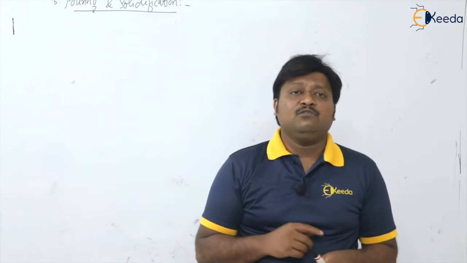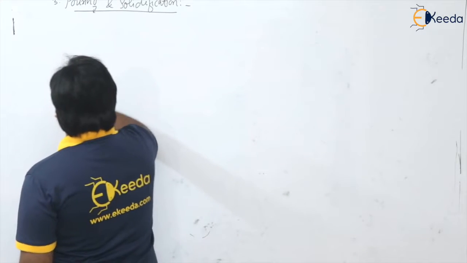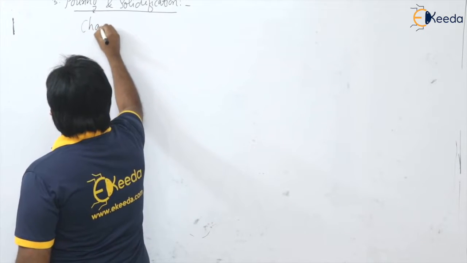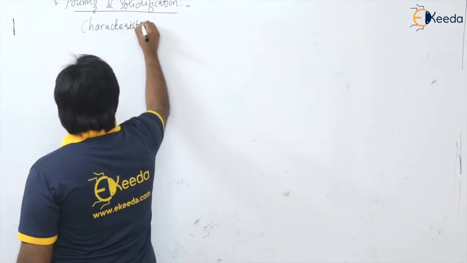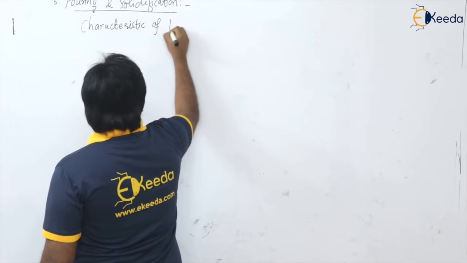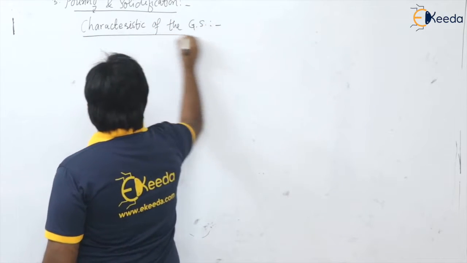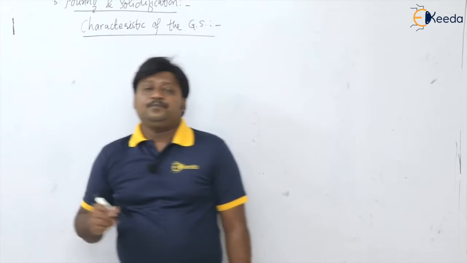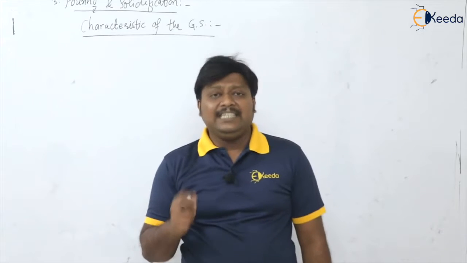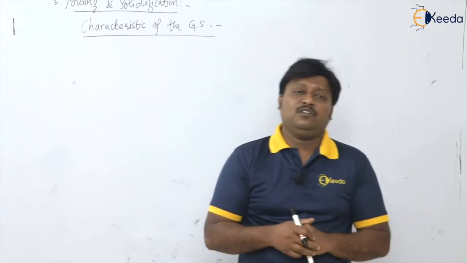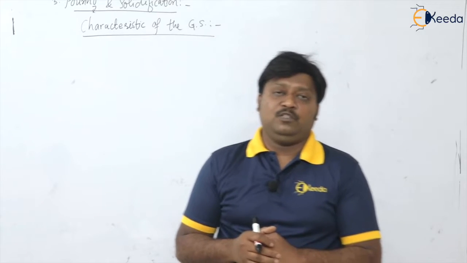Now let us see what the characteristics of the gating system are. For a gating system, the filling time or the pouring time for the molten metal into the cavity should be as minimum as possible.